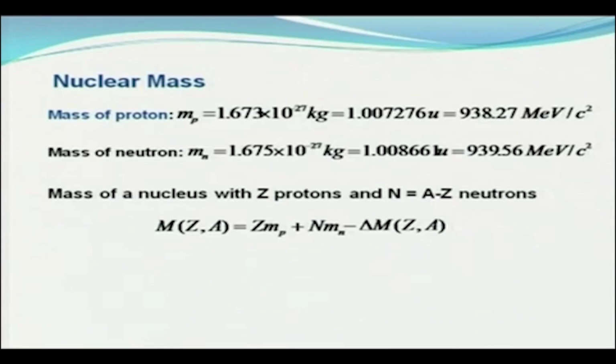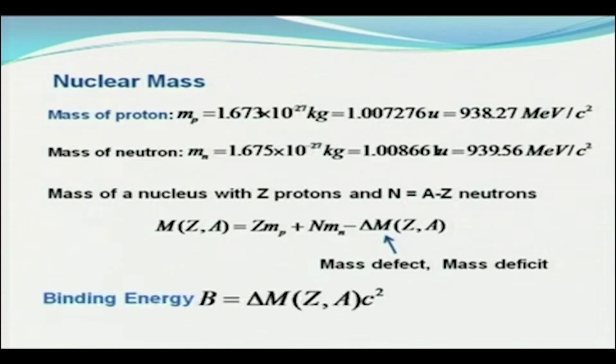And these measurements differ a little from the total mass of the protons and neutrons inside the nucleus. This difference, if I denote it by delta m, is called the mass defect or mass deficit.